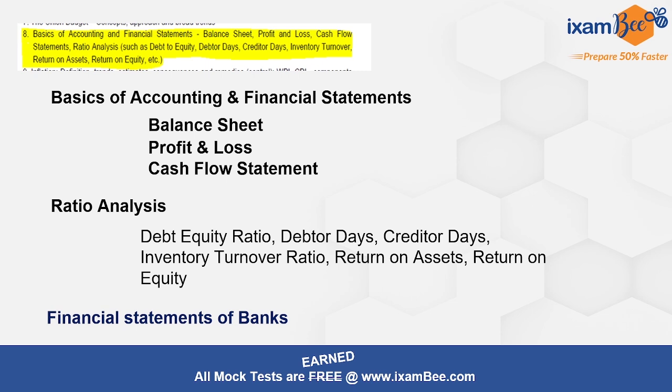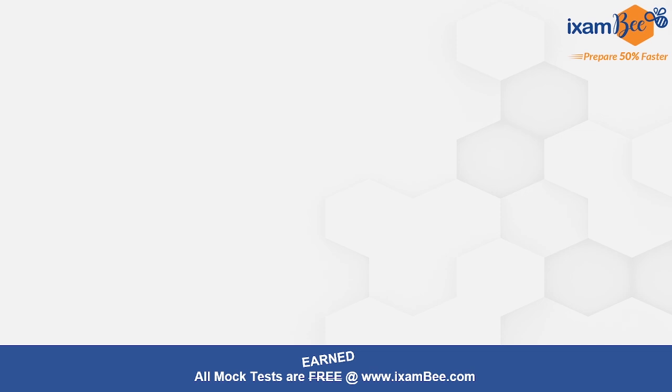And finally, we will understand financial statements of banking companies as they are quite different as compared to the financial statement of a normal company. Because we are studying for RBI, this we must know in addition to the general financial statements. All this will form part of our course.